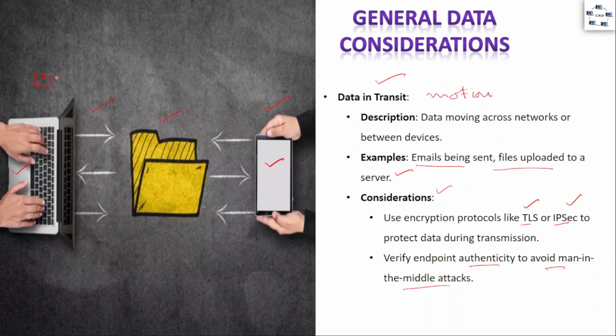If, let's suppose, we have Bob over here and Alice over here, it must be made sure that data sent to Alice is actually sent by Bob. And we already studied in our initial domains that to make sure the authenticity and data integrity, we have the digital signature.